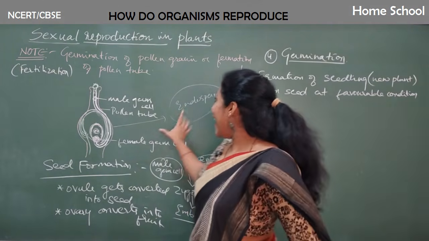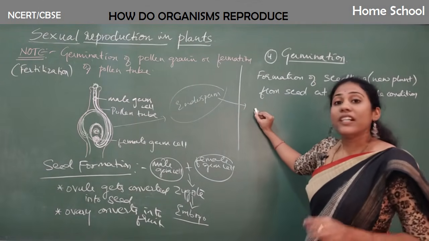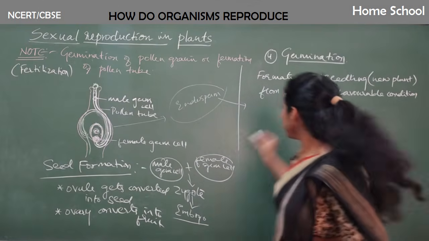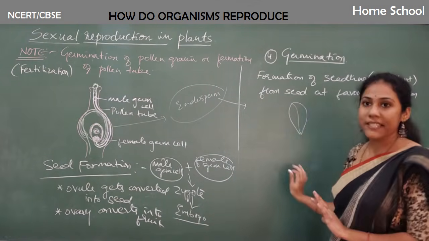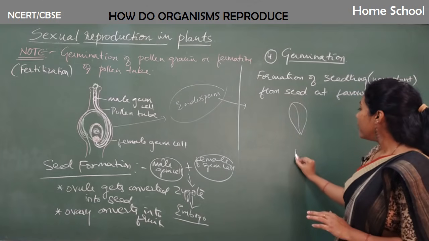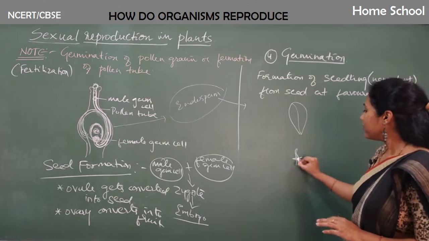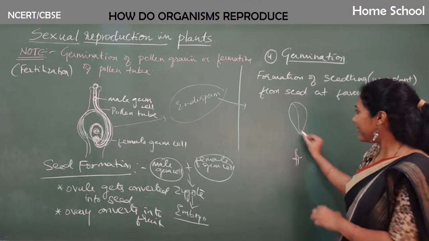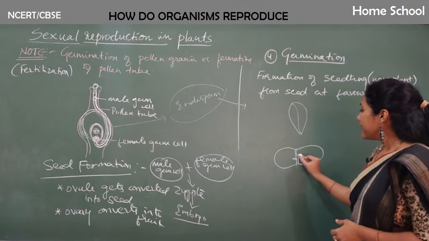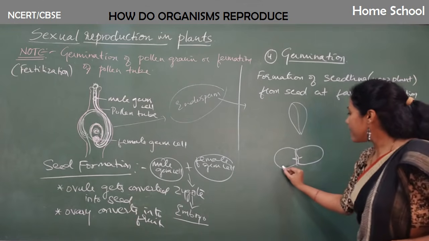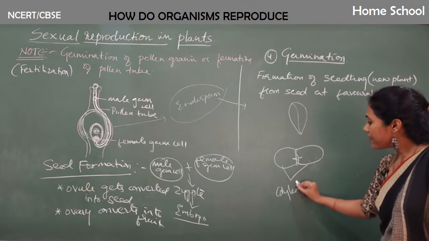And that particular endosperm later will get converted into cotyledons. Say for example, if this is some seed and you open the seed, what you would find is, if it germinates, initially, this is what we call cotyledons. These structures are called cotyledons.